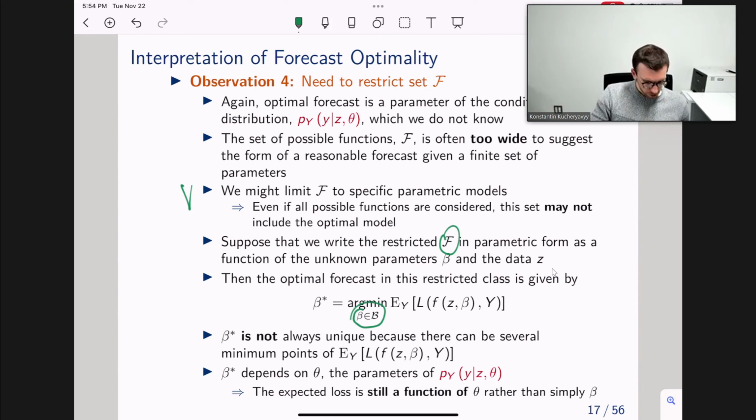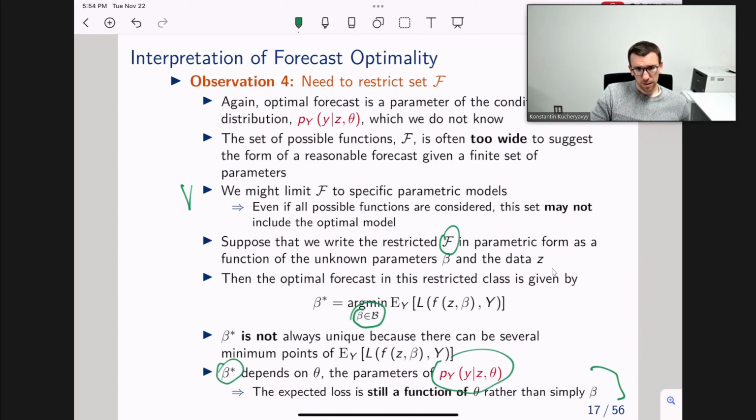And this point, I already made. If we make a parametric restriction, at the end of the day we need to estimate the parameters, which would depend on the data generating process, on parameters of the data generating process.